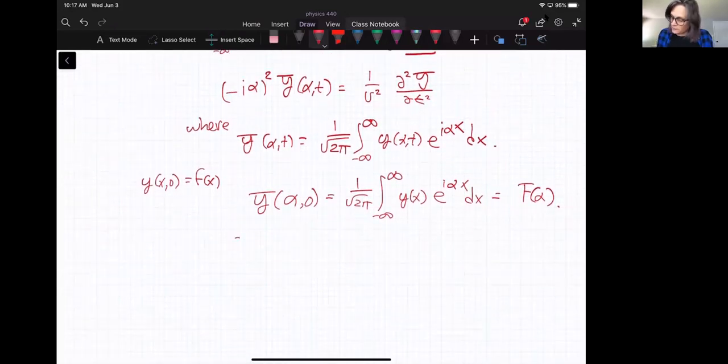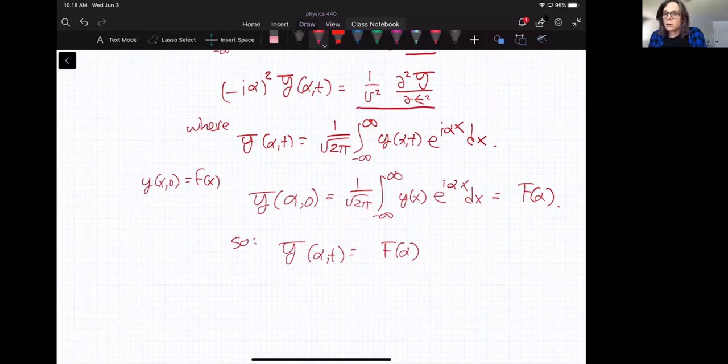That means that Y of alpha t is equal to f of alpha, but you notice now that we've separated variables we have essentially our usual expression for something like the wave equation, so that our temporal piece will be e to the plus or minus I v alpha t.